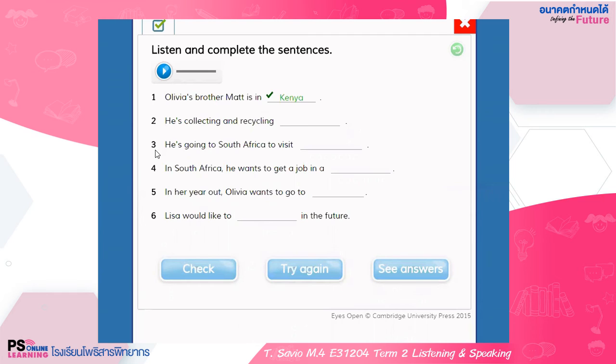Olivia's brother Matt is in Kenya. 2, he's collecting and recycling plastic bags. 3, he's going to South Africa to visit their cousins. 4, in South Africa, he wants to get a job in a beach bar.